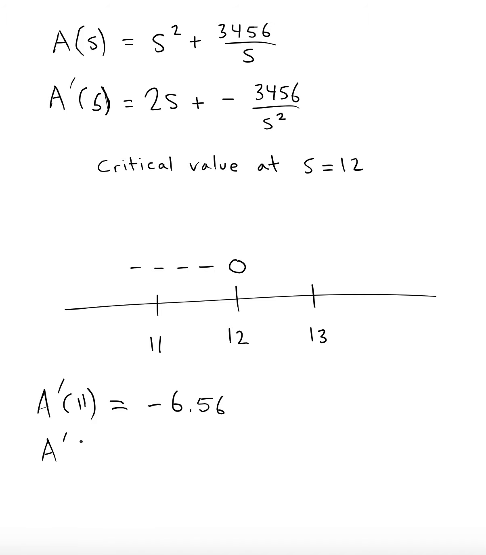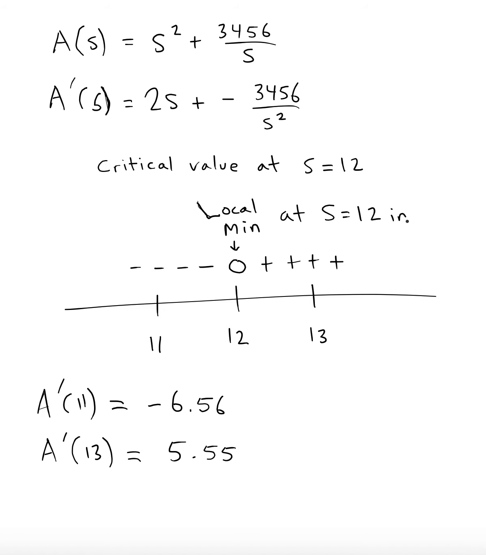And A prime of 13 would have been approximately 5.55, which is positive. So through the first derivative test, it shows that there really must be a local minimum at S equals 12. It checks.